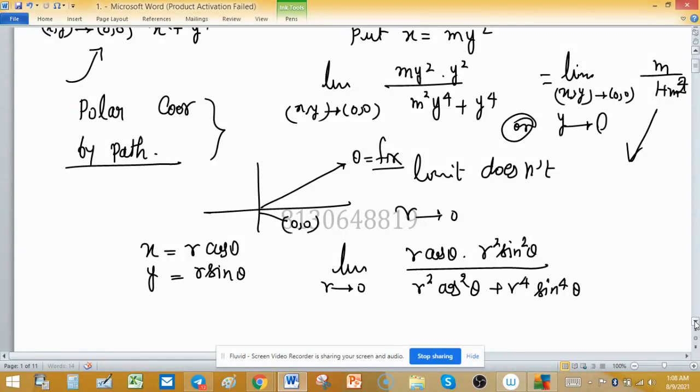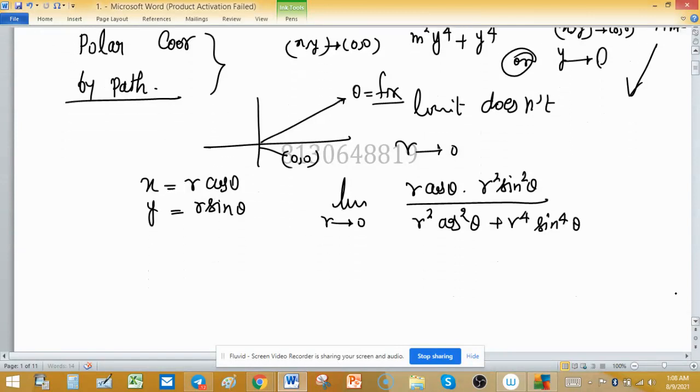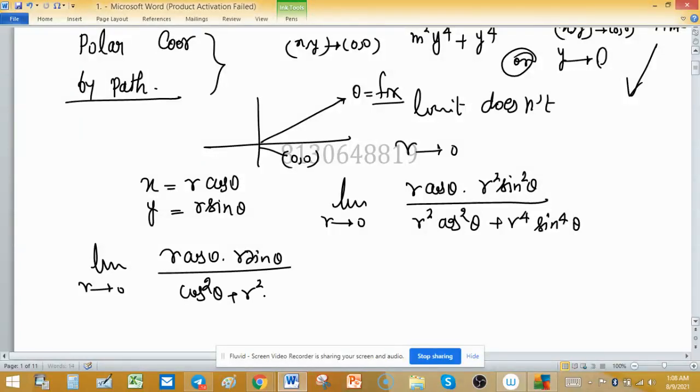Taking r square as common from numerator and denominator, it will cancel out. So the left expression is the limit as r tends to 0 of r cos theta sin square theta, divided by cos square theta plus r square sin raised to the power 4 theta.